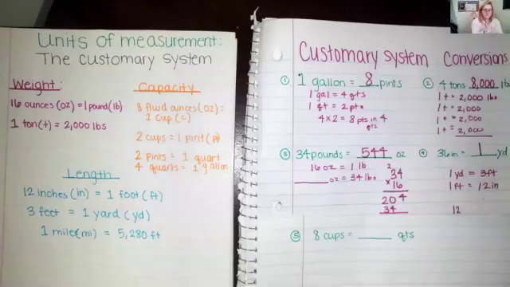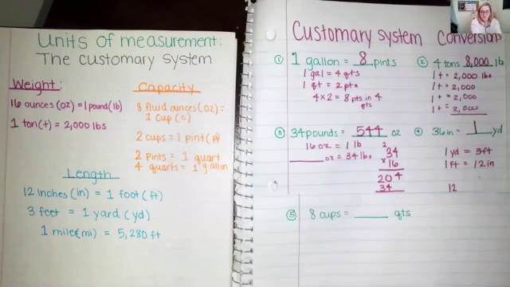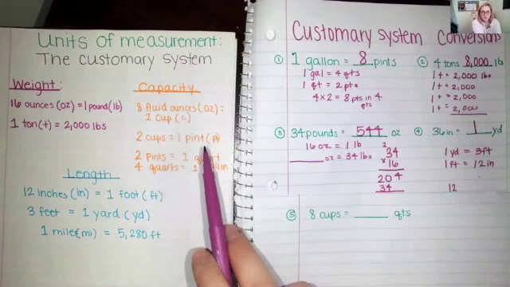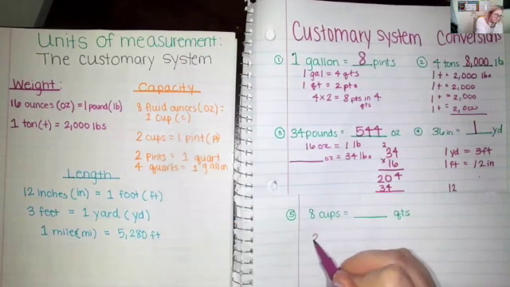All right. Sorry, let's do number 5. What I need to figure out for this one is I want to know 8 cups is how many quarts. Let's look at what we know. 2 cups equals 1 pint.